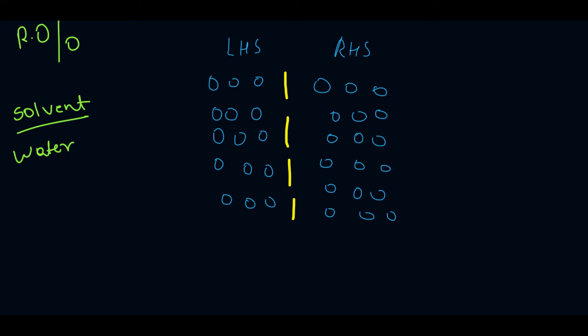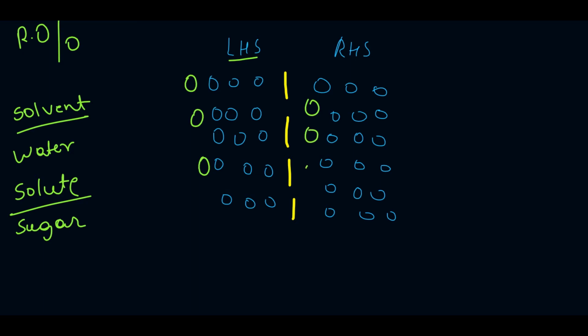So if we add some impurities, which we call solute, like sugar, adding a small amount of sugar on the left hand side but a larger amount on the right hand side, ultimately the concentration of sugar on the right hand side will be higher than on the left hand side.